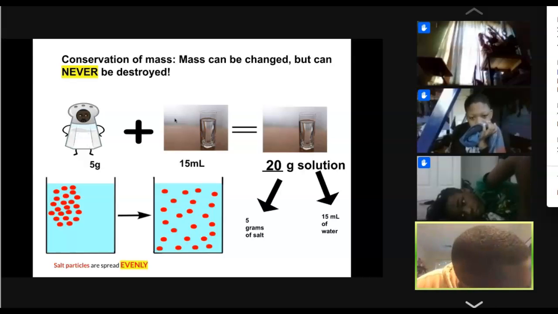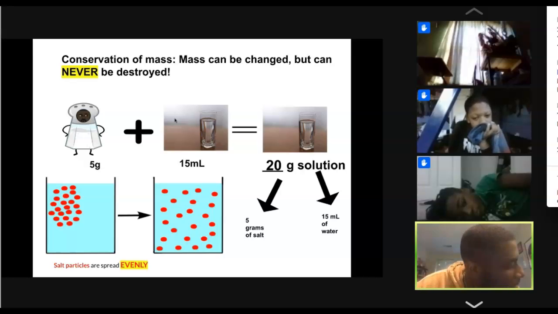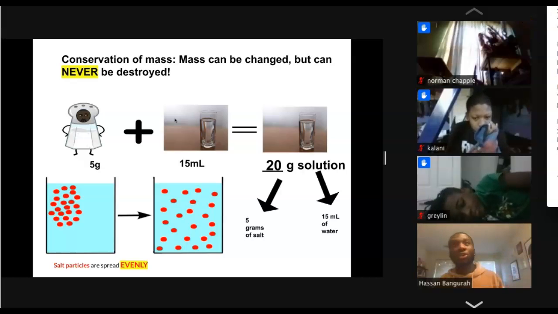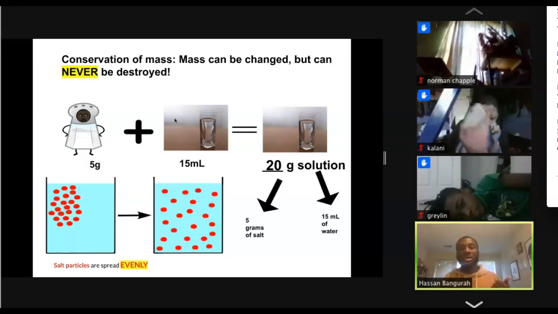If you mix it around, it spreads evenly across the cup of water. Perfect. Think about your Kool-Aid or your juices when you're making them.